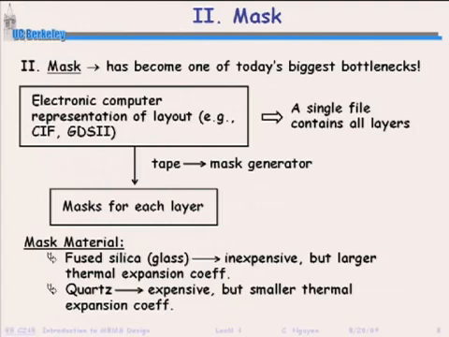I'll talk about why this thermal expansion coefficient is so important. So I can draw some pictures here. Say this is your wafer. Usually what you're trying to do is align a new feature to features that are already on your wafer. So say on your wafer you already have this feature and this feature on the other side.